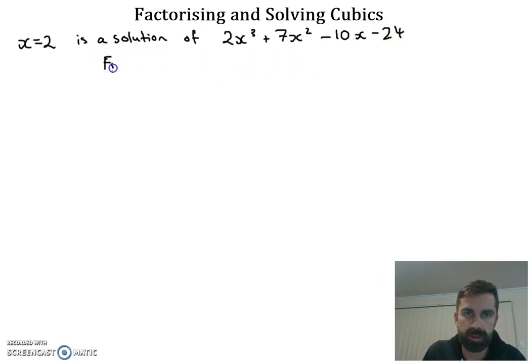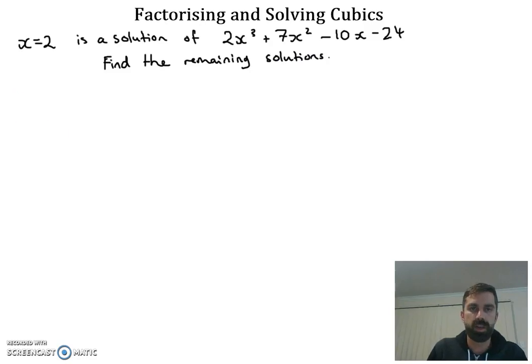And I'm going to say that we want to find the remaining solutions. So the process for answering this question is exactly the same as what we've just done. This time we know that x equals 2 is a solution, and that tells us that x take 2 is going to be a factor.